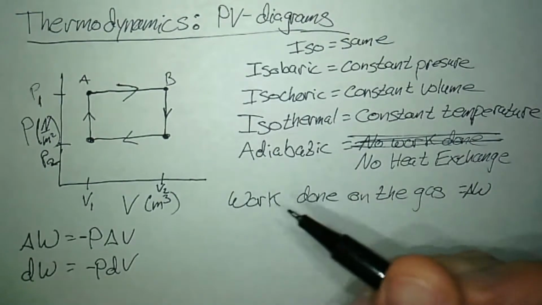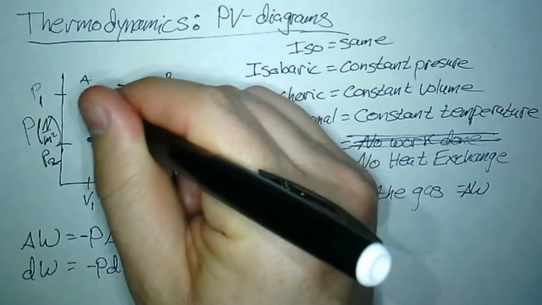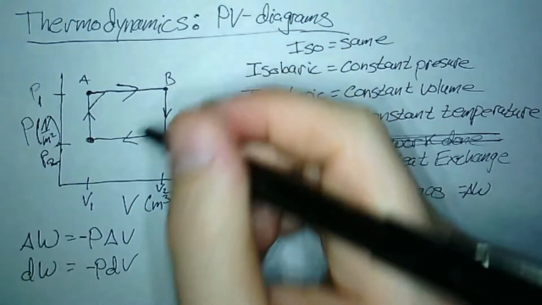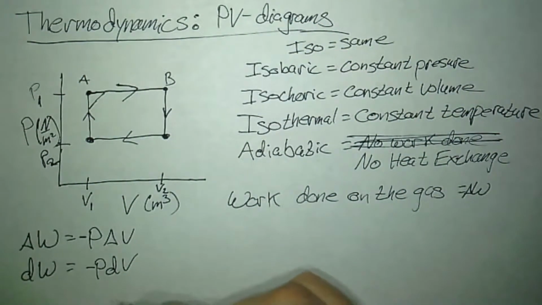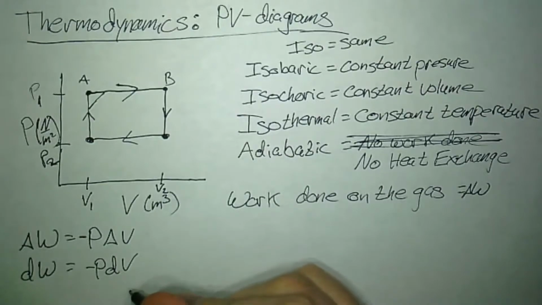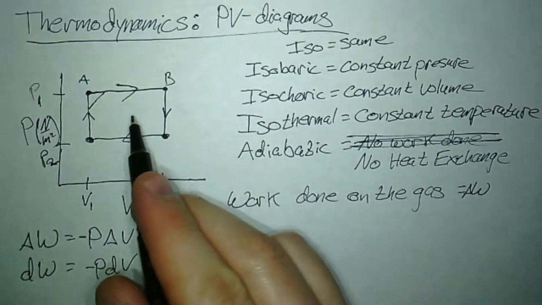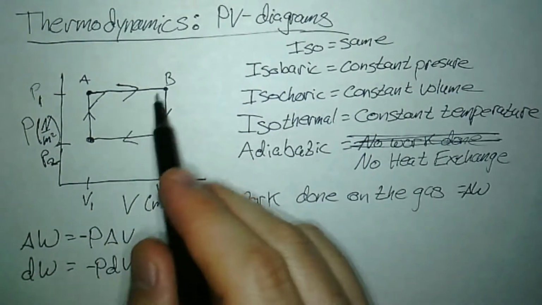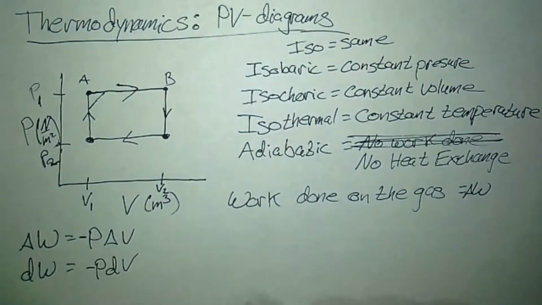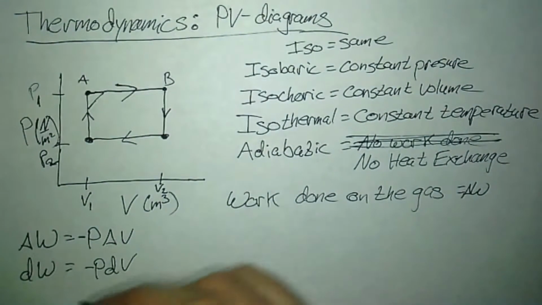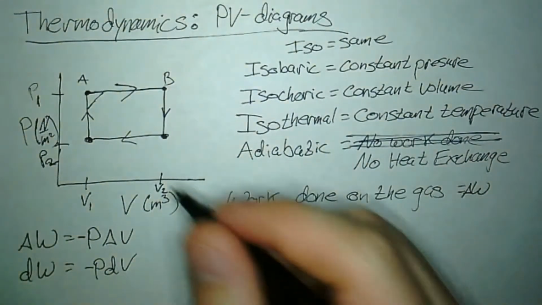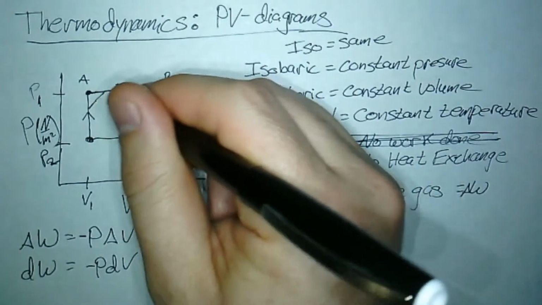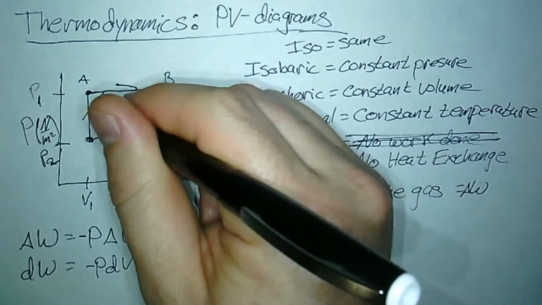And for those of you who are not, this area is equal to the work done by the gas, because we're going to have more work here. So whenever you have a single process, let's do another one of these. I guess the way we've done this is going to give us negative work, by the way, up here.